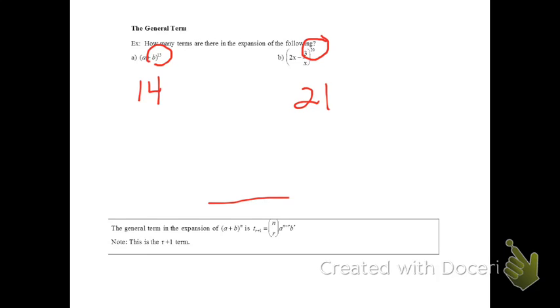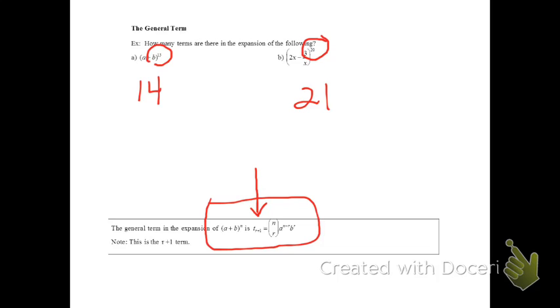Now, down here we have the general expression, the template, if you will, that all of the terms follow. This is for the r plus 1 term, and the reason for that is I want you to think about that first term in the expression. If r was 0, it gives us not the 0th term, if that's even a word, it gives us the first term.